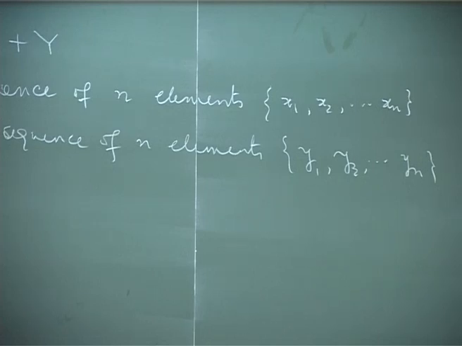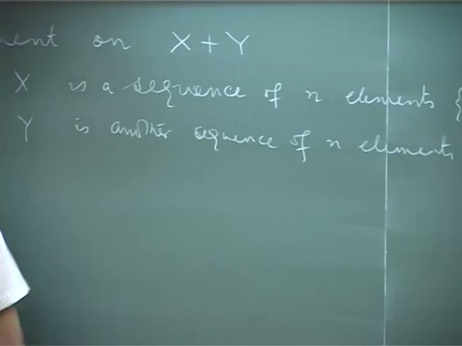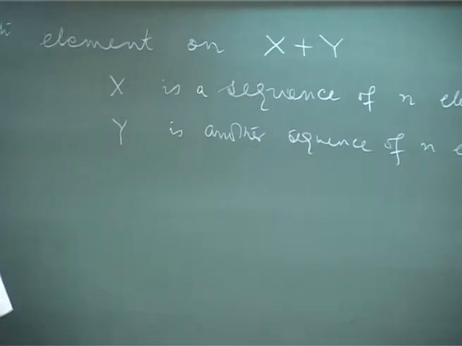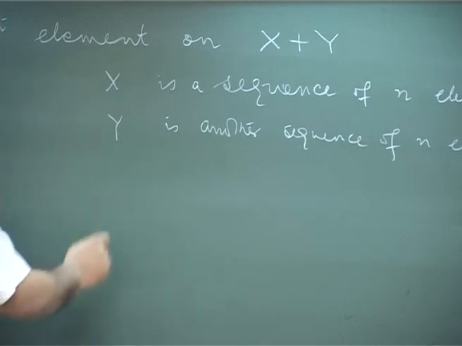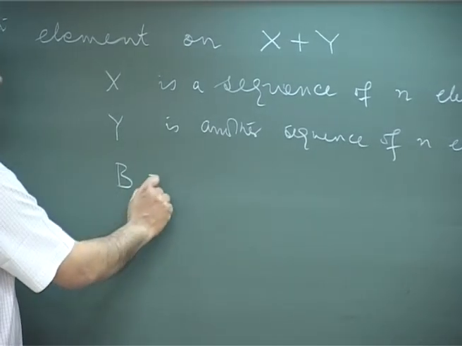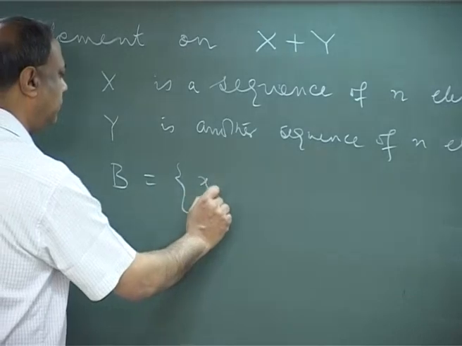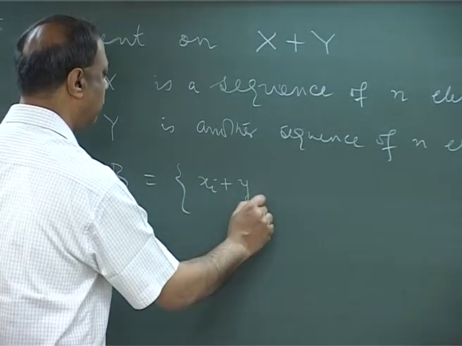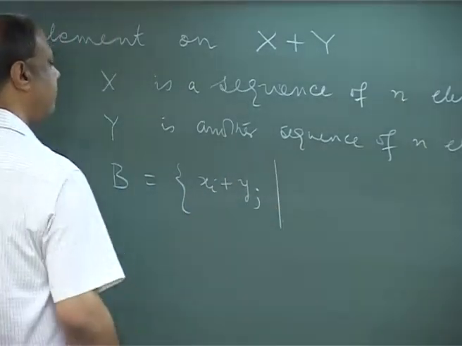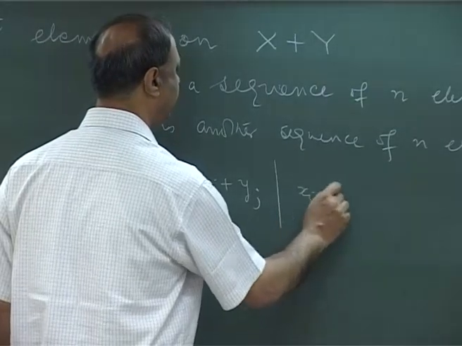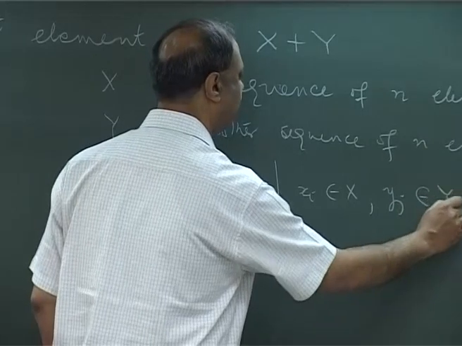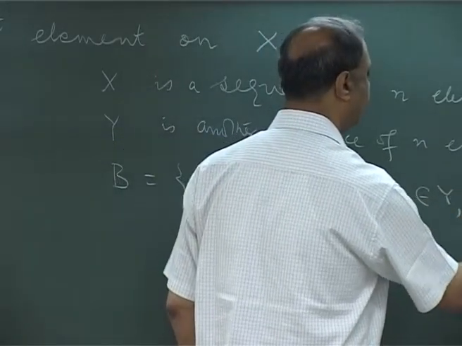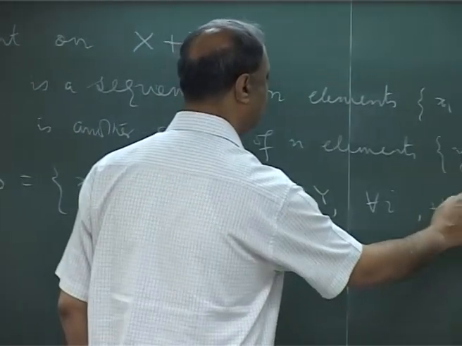Now X plus Y, this plus is a Cartesian sum, so X plus Y will give you a matrix of size n square. So B is a matrix of elements xi plus yj, where xi belongs to X and yj belongs to Y, for all i and for all j.